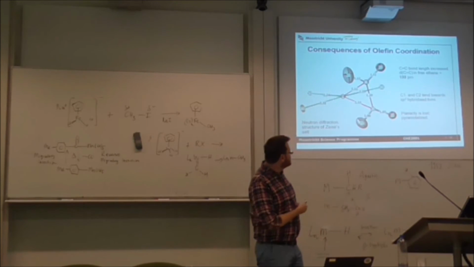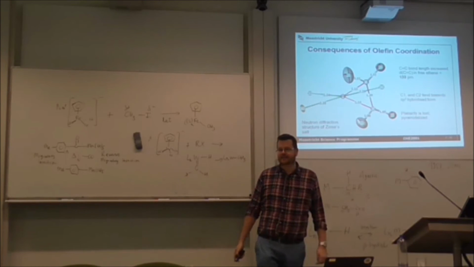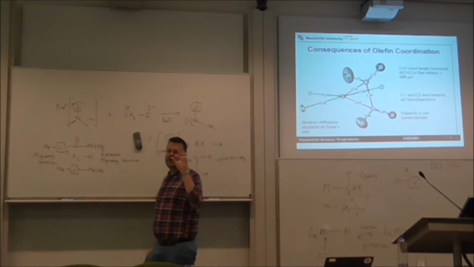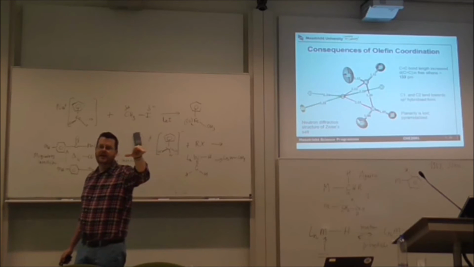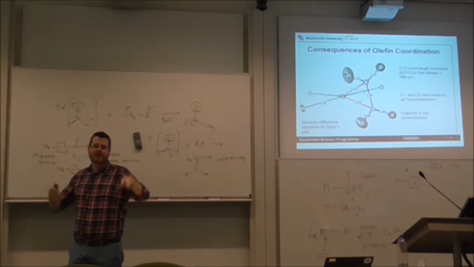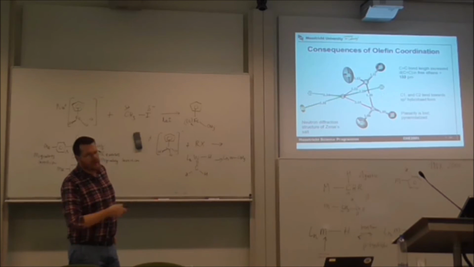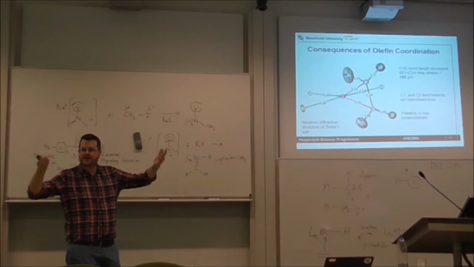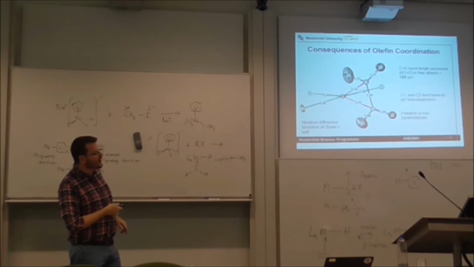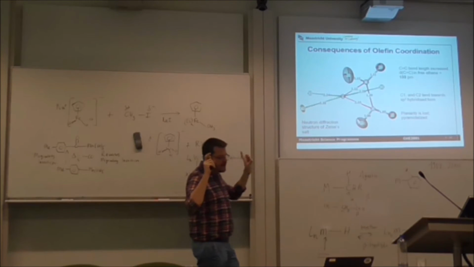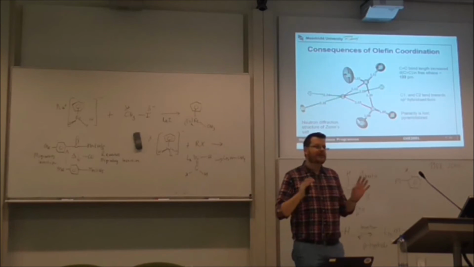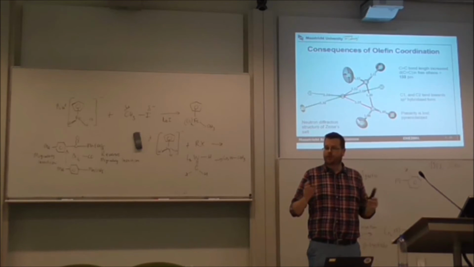And there's a pyramidalization of the carbon atom. So it goes from being flat as a pancake to being pyramidalized, which kind of makes sense, right? Because you're killing the CC double bond character by this population of the antibonding orbital. And so you're moving towards a more sp3 hybridized carbon in terms of its character. Important stuff.